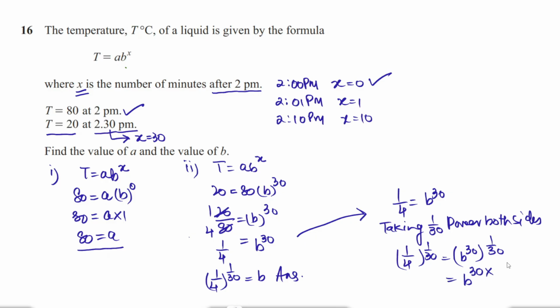Power of power will get multiplied, 30 and 30 will get cancelled, and B gets the same answer as here. That would be appropriate to solve. That is the concept behind taking the power to the other side, and it becomes the reciprocal power on the other side. Okay, let us see what happens next.